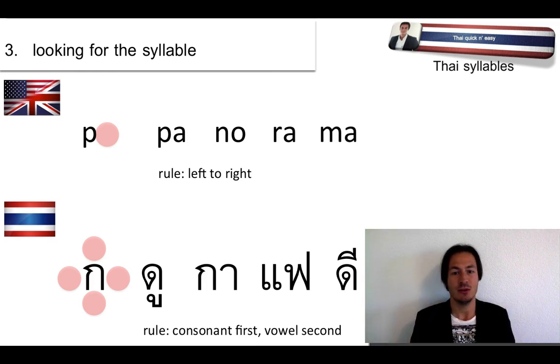Therefore, you already know the word. And in Thai, of course, if you see a syllable, you already know what it is because you saw the consonant, you saw the vowel, wherever it may be. Therefore, don't be frustrated by this combination of consonants and vowels, which may appear a little confusing at the beginning, with the vowels being placed all around the consonant.